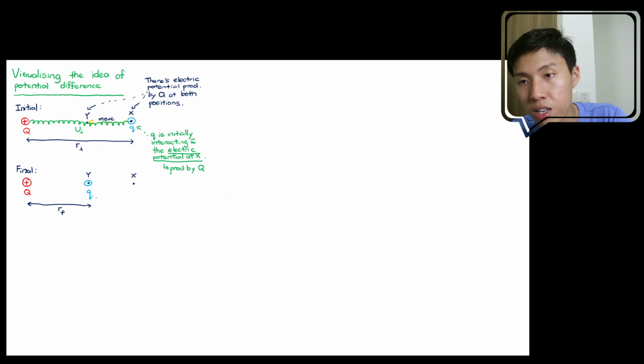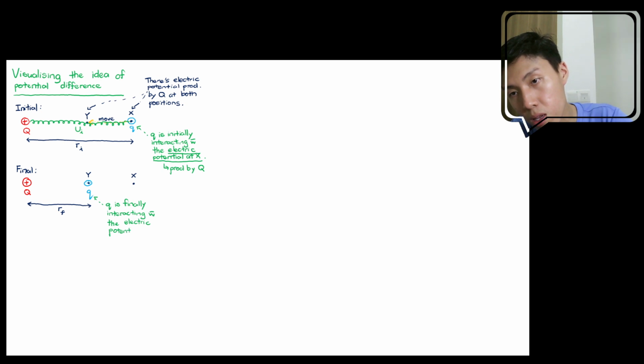Okay, so what happened in the final situation is Q is no longer at X, Q has moved to Y. So Q is finally interacting with the electric potential at Y. Again, this electric potential is also produced by big Q, because big Q stays at its place.